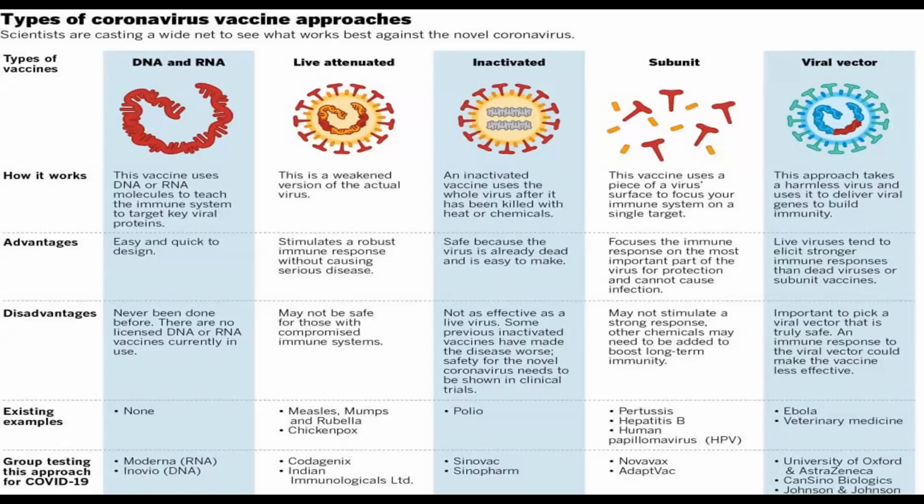Ang napapansin ko is more on sa bata, nung pinanganak hanggang mag 1 year old, di ba? Ito yung mga hepatitis B, yung HPV, Ebola, veterinary, yung measles, mumps, yung ganon.